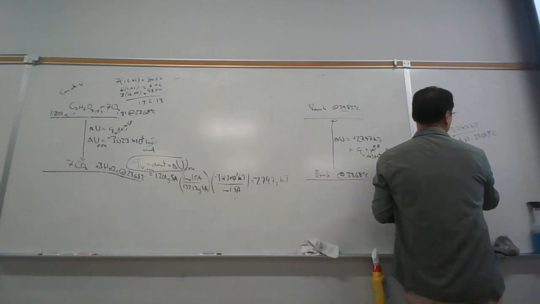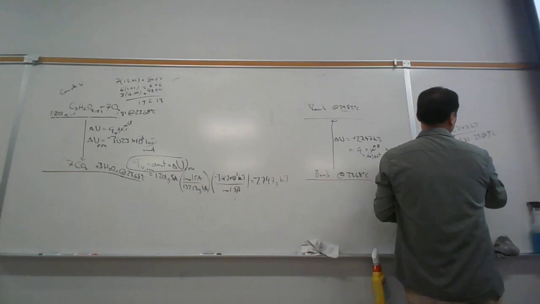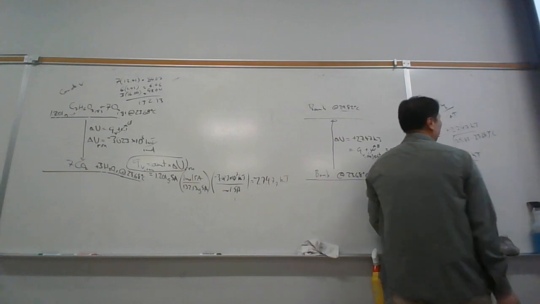So this is equal to 27.47 kilojoules over 6.14 degrees C.